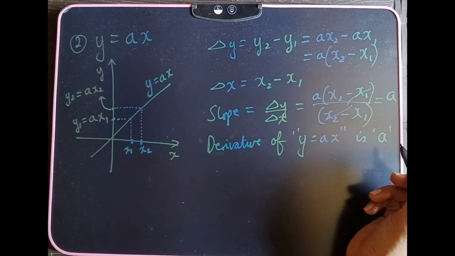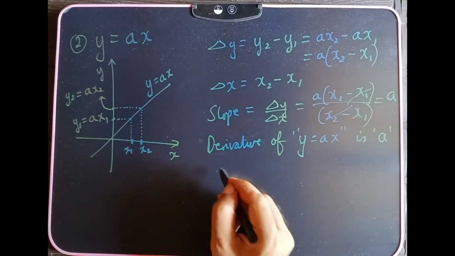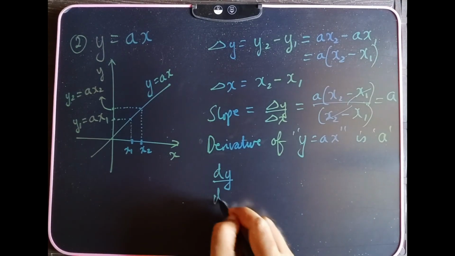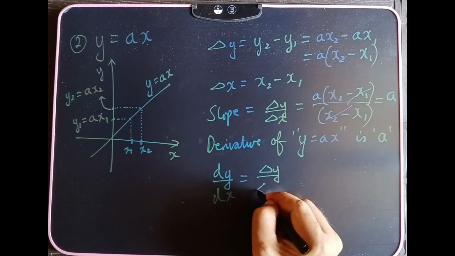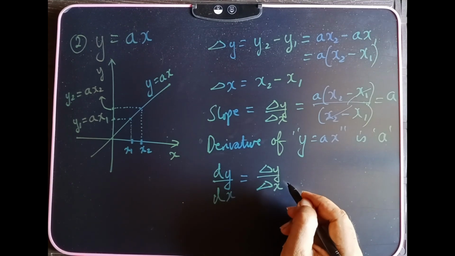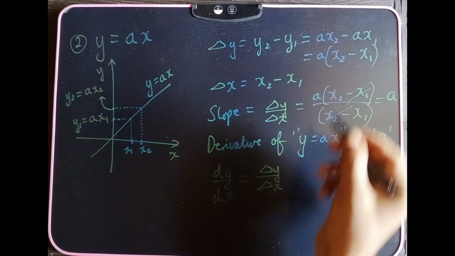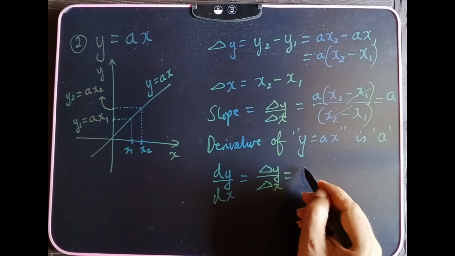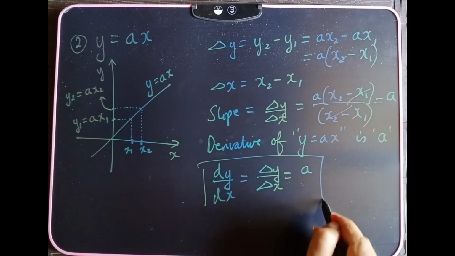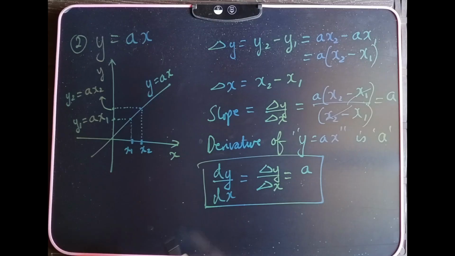So dy by dx, the change of y by change of x, is equal to a. That means the derivative of ax with respect to x is a itself.